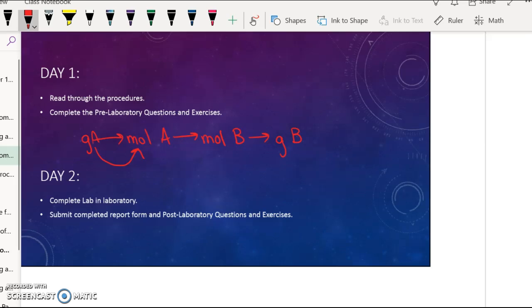Then in B, for question number 1, you're going from grams to moles of the other reactant that's given to you. Then in C, it's having you go from moles of one substance to moles of the other. So it's just breaking down this whole big process that you know of how to convert grams of a substance to grams of a different substance.